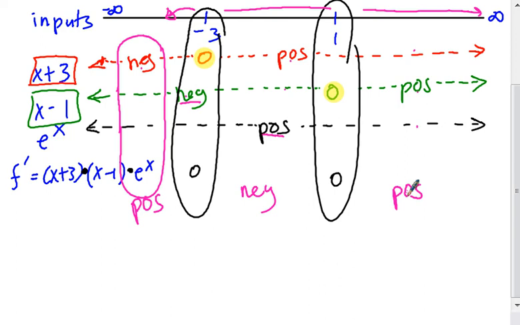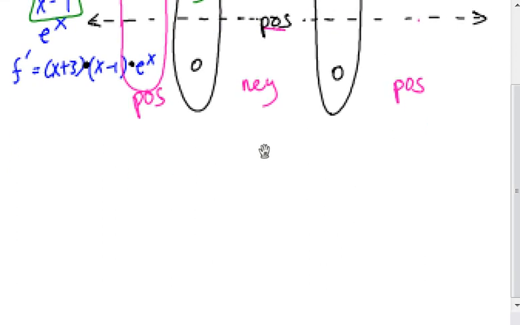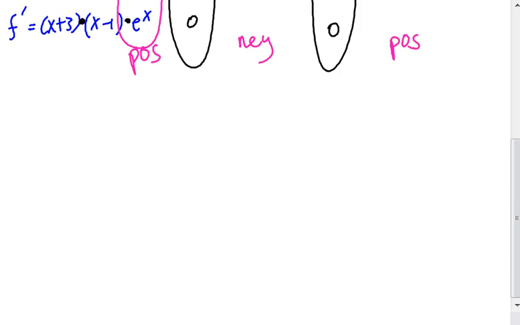Okay, so now we have an analysis of the sign of f prime, the sign of the slope, and now we'd like to make some inferences about the function itself and the behavior of the outputs. Okay, so we know that positive slope means the outputs are increasing.